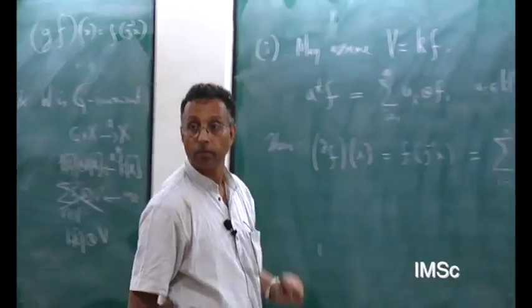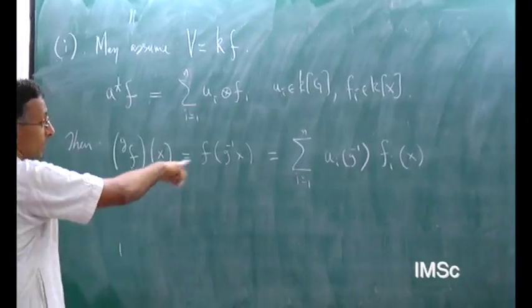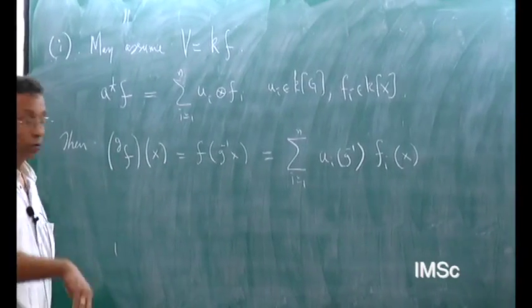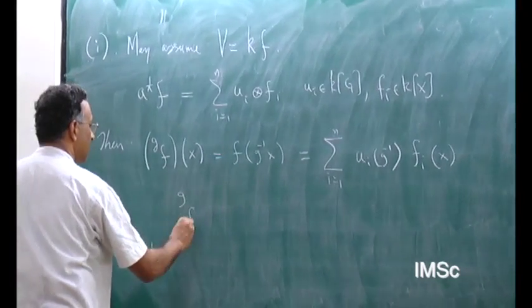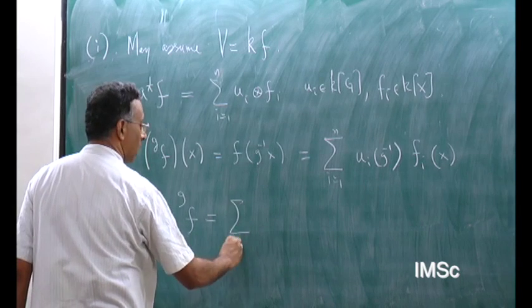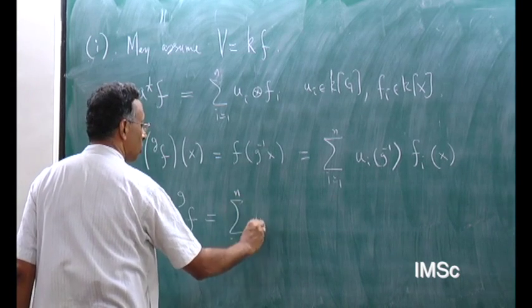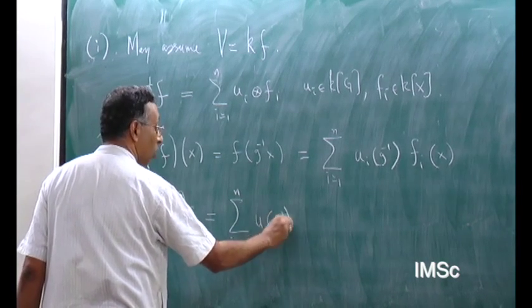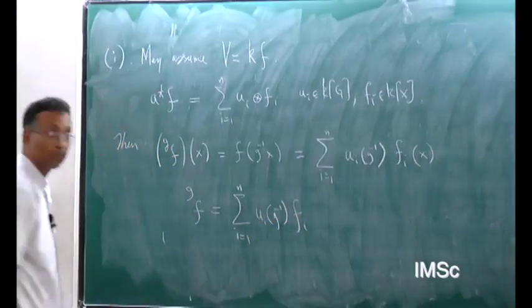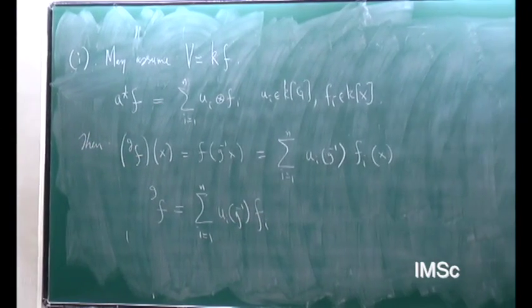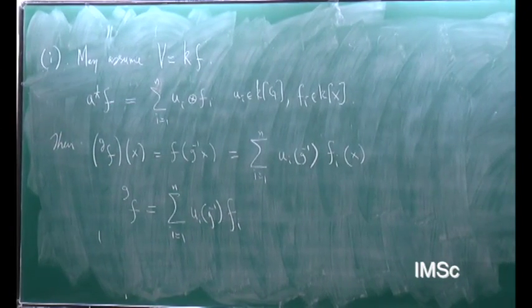That's how it works. Now x was generic, so you can remove the x and write GF is equal to the sum for i equal to 1 to n of ui of G inverse, these are some constants, times fi. So this holds for all G.